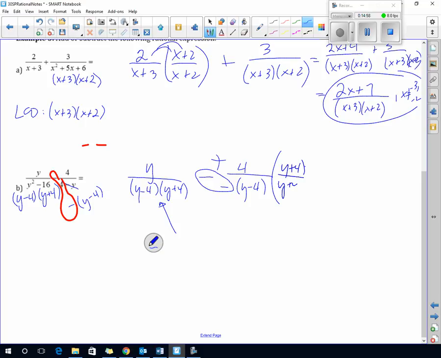Plus 4y plus 16 over y minus 4, y plus 4. So I get my final answer: 5y plus 16 over y minus 4, y plus 4. Y cannot equal plus or minus 4. Yeah?